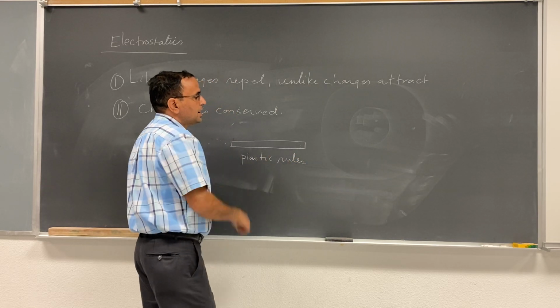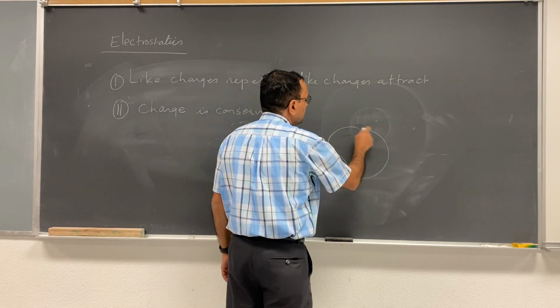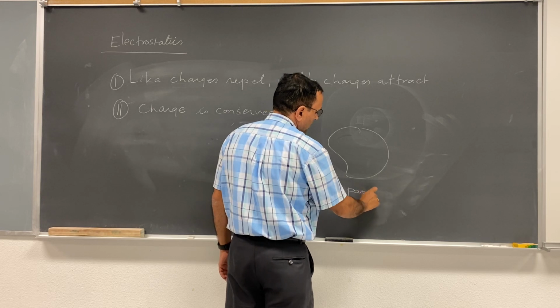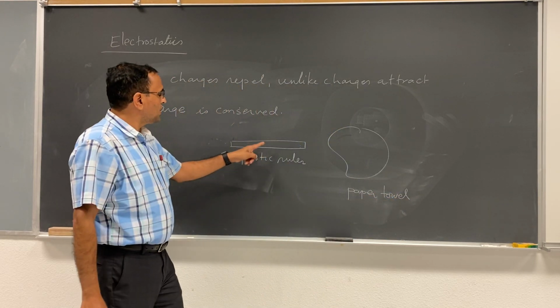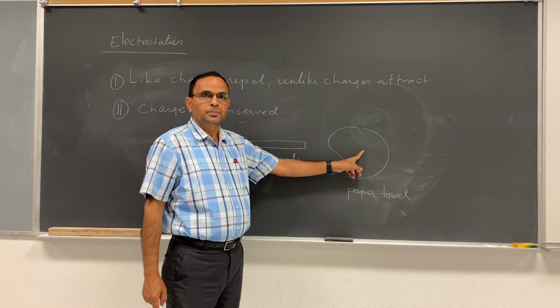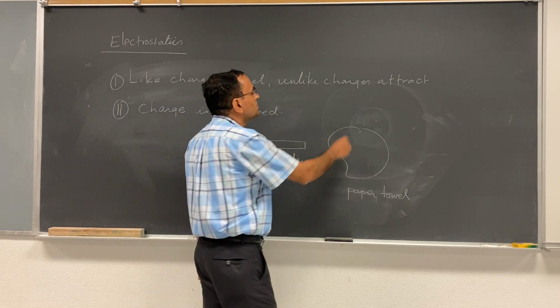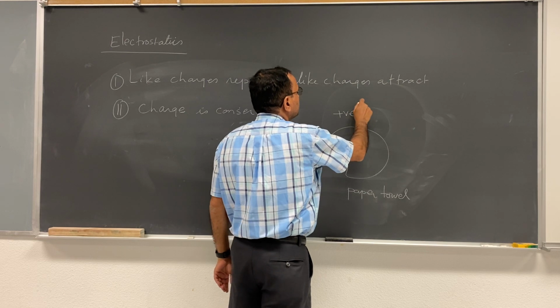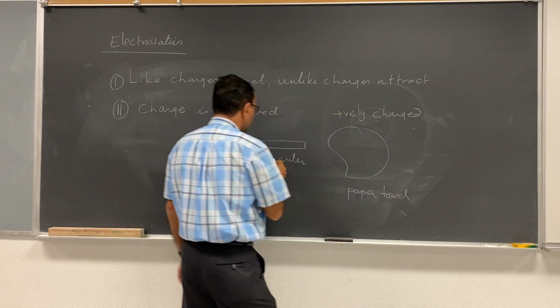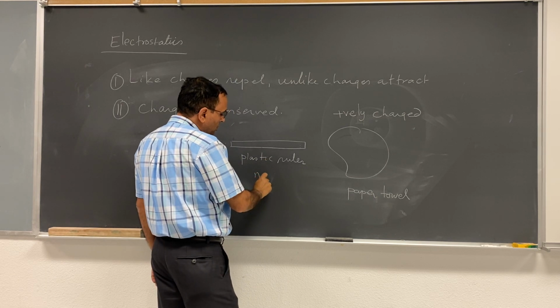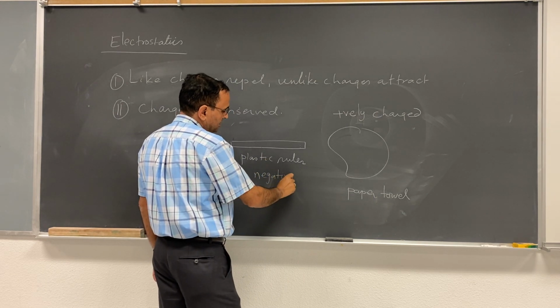If you rub this plastic ruler with, let's say, this paper towel, then the paper towel becomes positively charged, and the ruler becomes negatively charged.